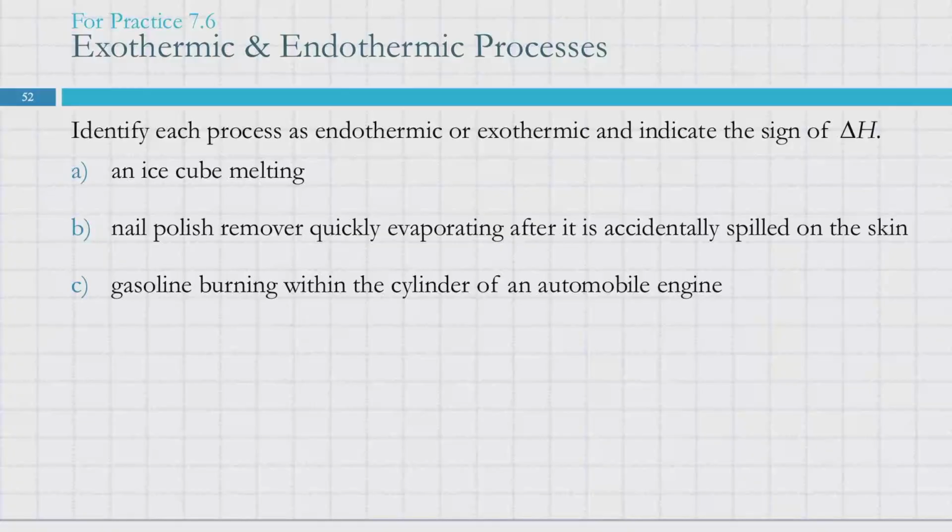It's absorbing. An ice cube melting is absorbing energy. It's endothermic. It needs to gain heat to melt. So it's going to be a positive delta H. It's going from a solid to a liquid.